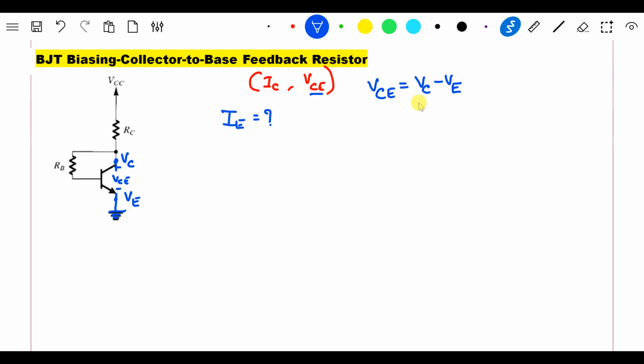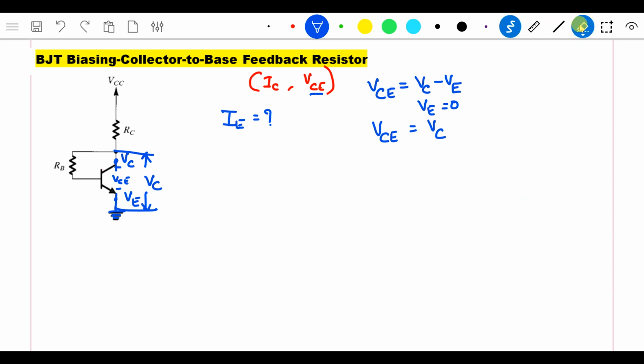Therefore, I can easily say that VE equals 0, due to which VCE is equal to VC only. Whatever voltage I measure at this node is VC, and as VE is 0, VC is nothing but the collector emitter voltage.